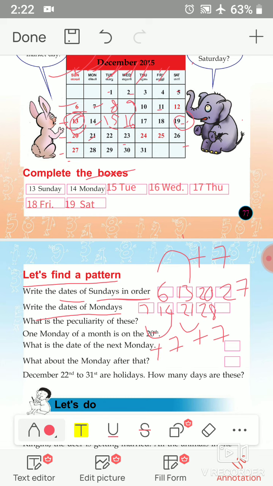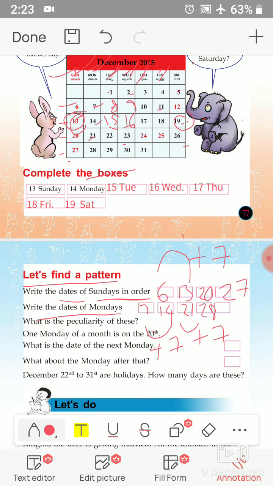Yes, 7 is added. Then look at another example, 13 and 20. Which is the difference between those Sundays? 13 after 14, 15, 16, 17, 18, 19, 20. Again 7 is the difference. So we can understand 7 is added to the previous date, and we get the next Sunday and next Monday.